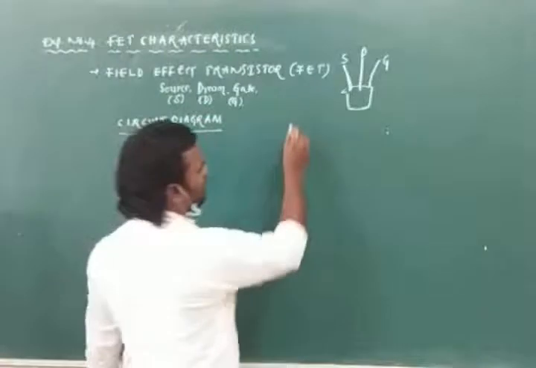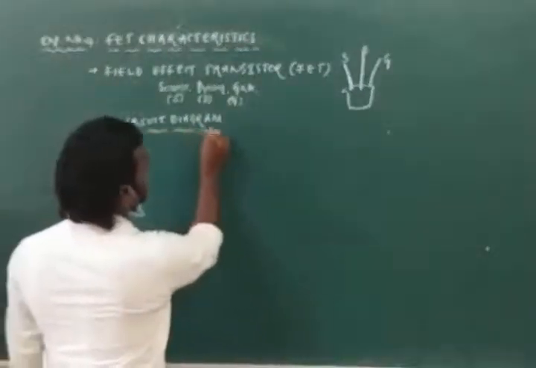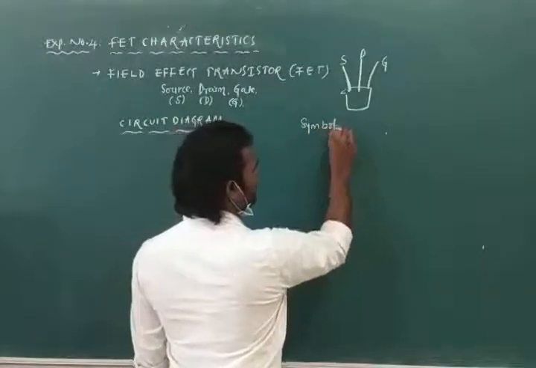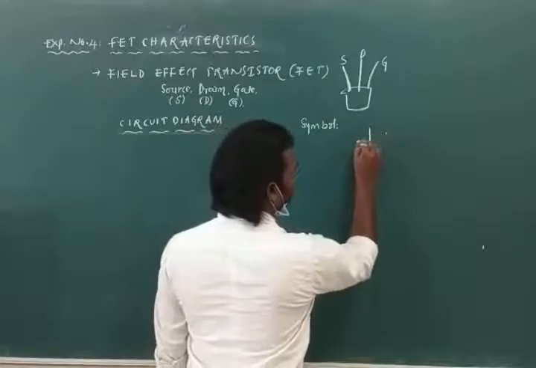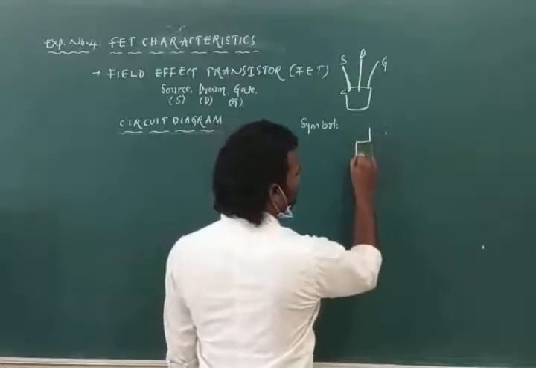So the symbol of the FET will be like this. This is the circuit diagram. Sorry, I am going with the symbol of the FET. What are the terminals for FET? Source, drain, gate.